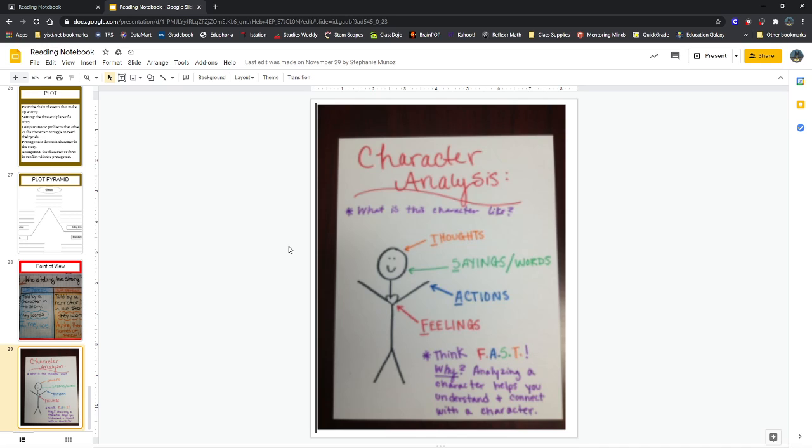One thing that people do is they confuse character traits with just a description.